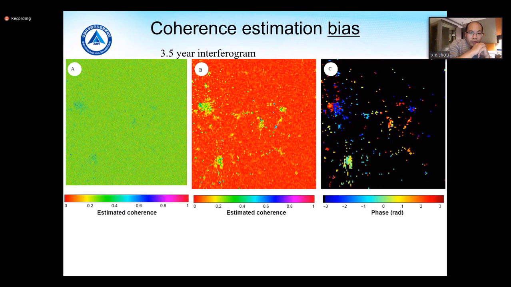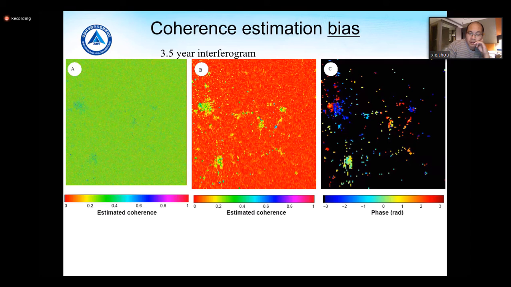Here we show 3.5 year interferograms. The left one is the estimated coherence by 1 times 1 look, and B represents coherence by 5 times 20 looks.